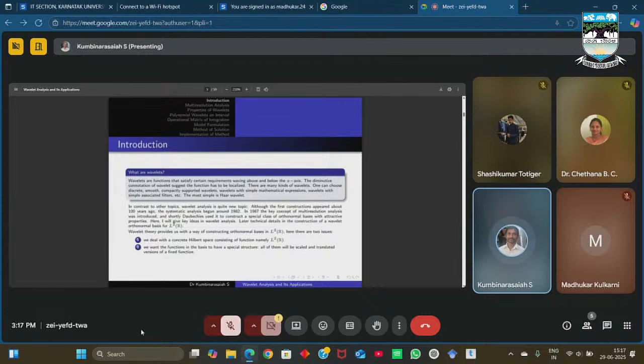So that's what in general I can say is a wavelet. And here we can consider different types of wavelets: discrete, smooth, compactly supported, wavelets with simple functions, wavelets with filter banks, etc. And the most simple one is our Haar wavelet.